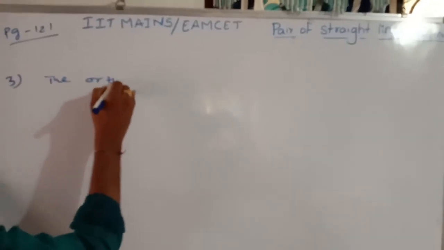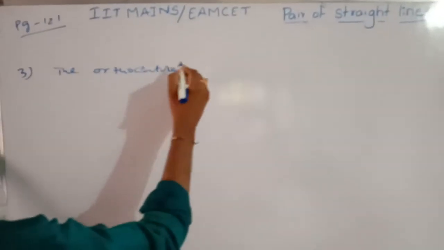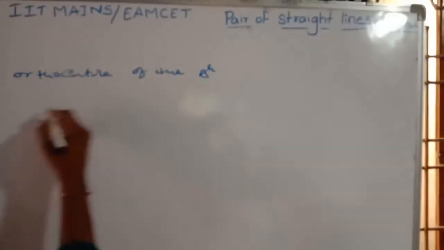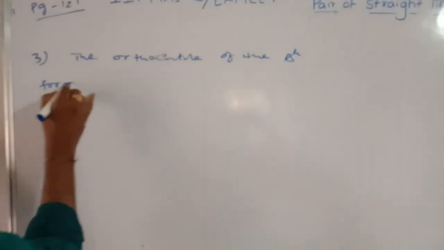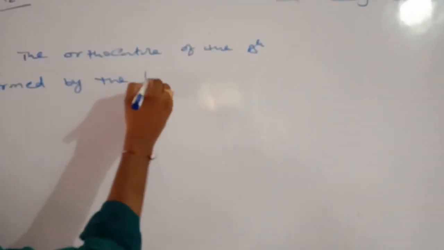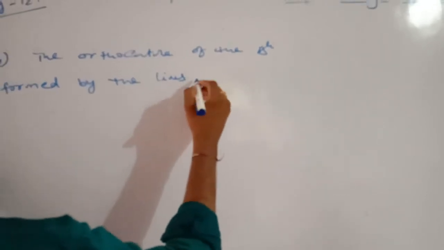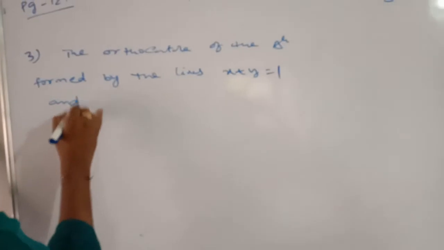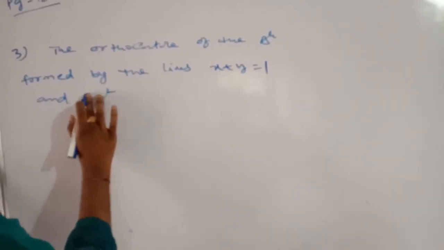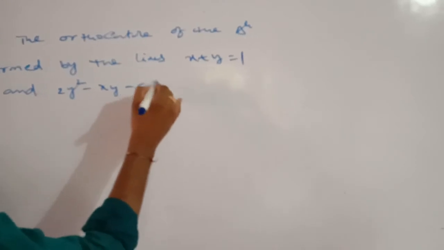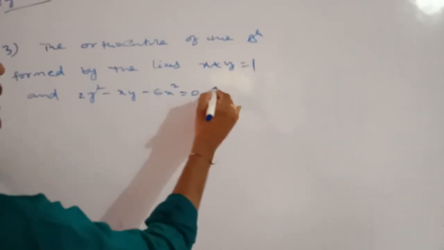The orthocenter of the triangle formed by the lines x plus y is equal to 1 and 2y square minus xy minus 6x square is equal to 0 is.